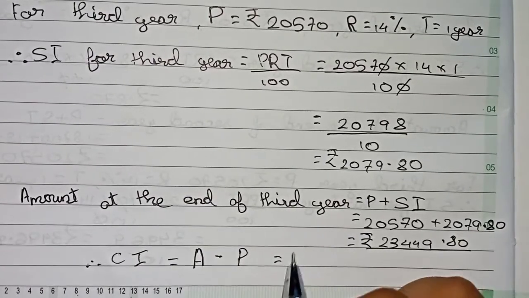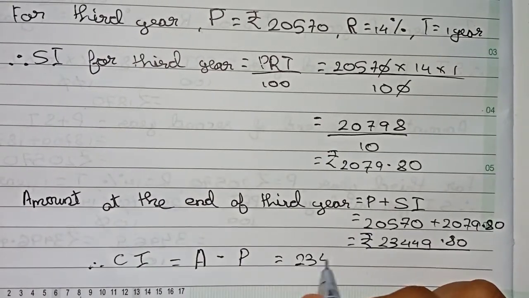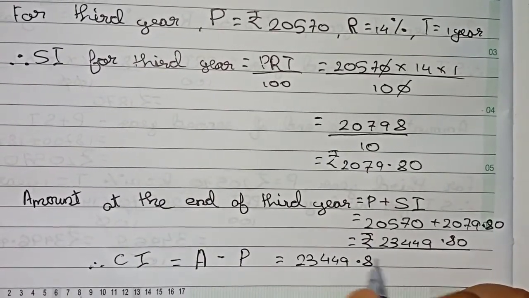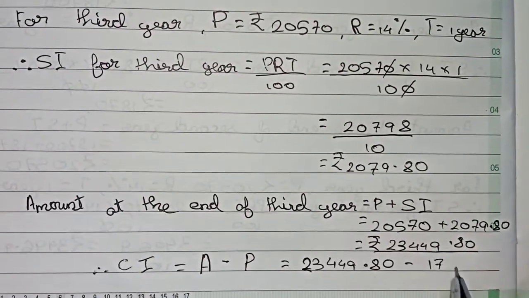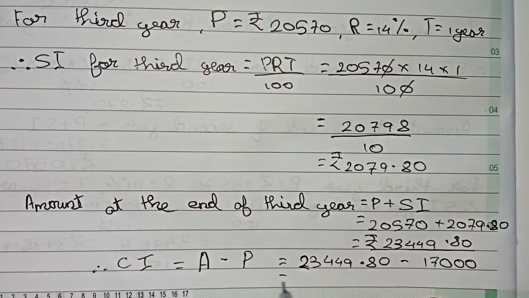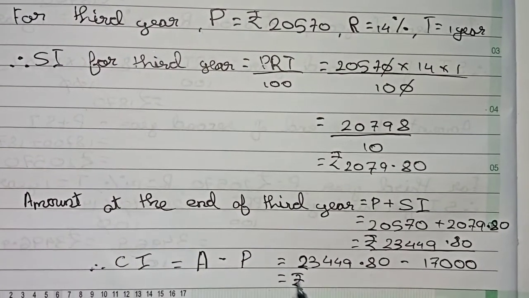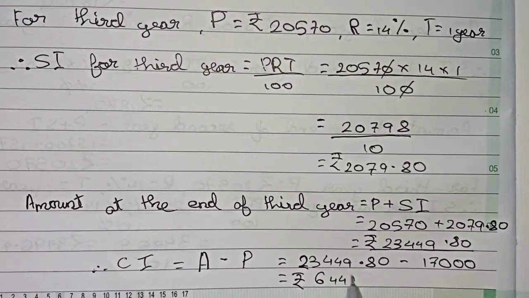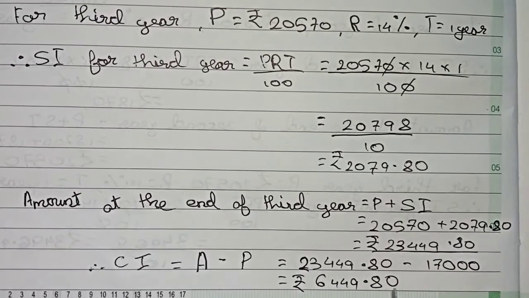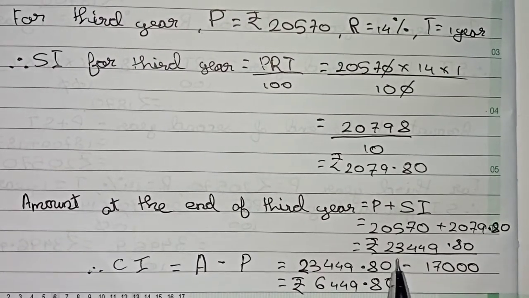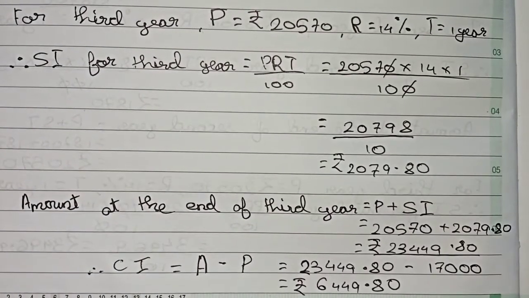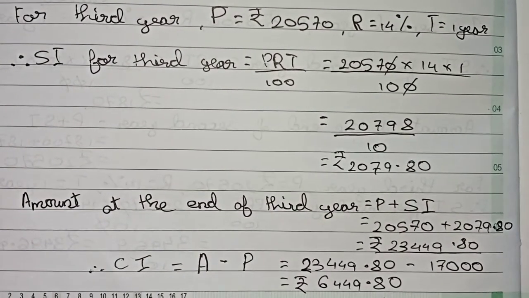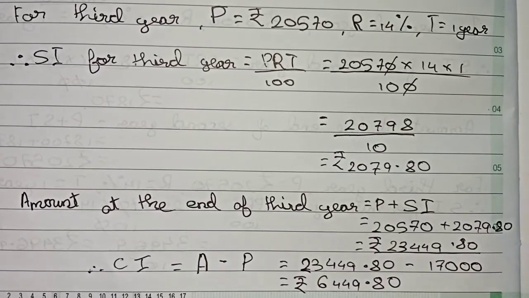Putting the values, the amount is 23,449.80 minus the original principal, 17,000, which equals rupees 6,449.80. So the amount at the end of the third year is 23,449.80 and the compound interest is 6,449.80. These are the final answers for this question.